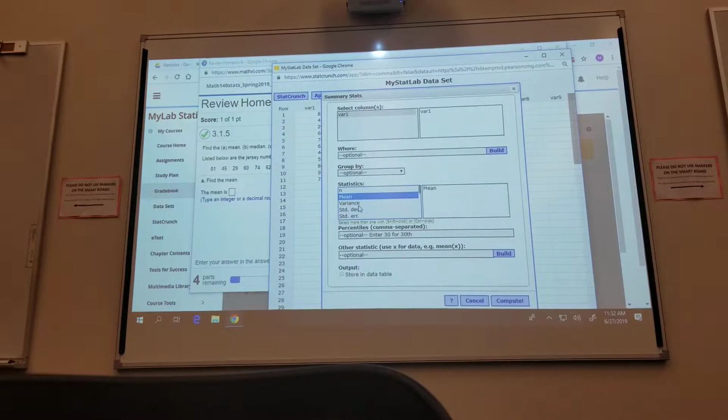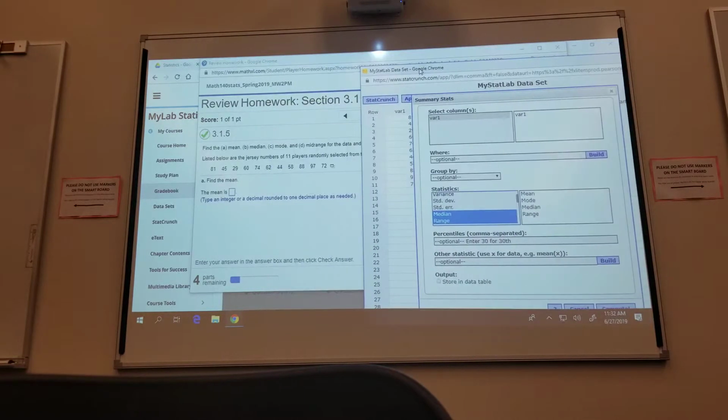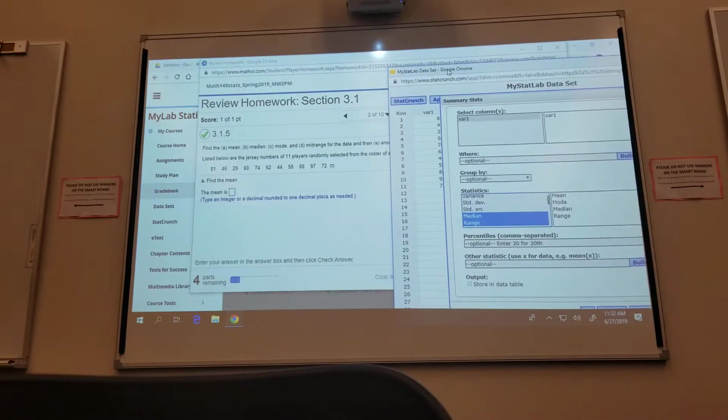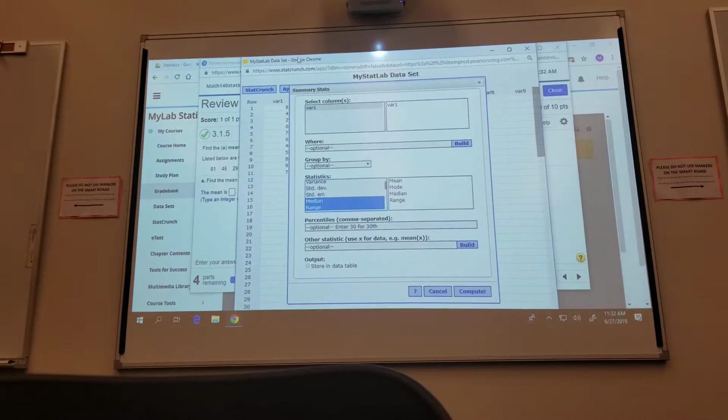But because you're gonna end up looking for the rest of them, might as well just click them all in, like the median, mode, the range. Compute. The midrange, and then that's it.